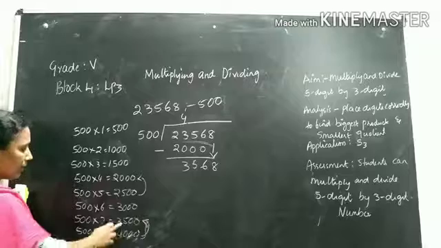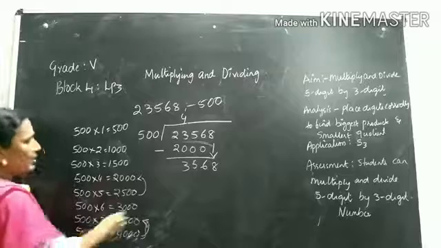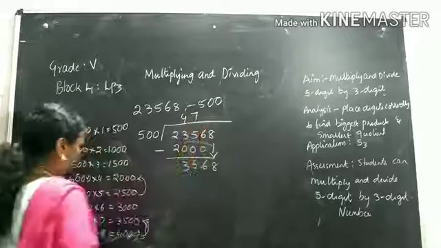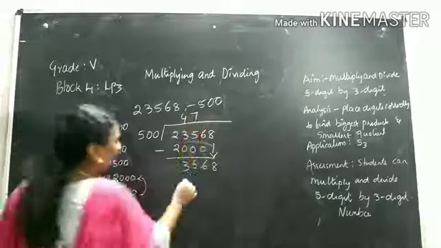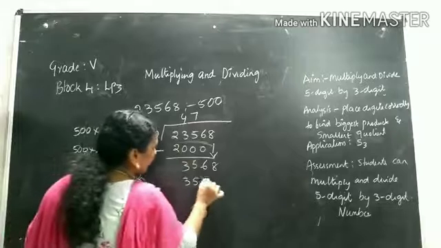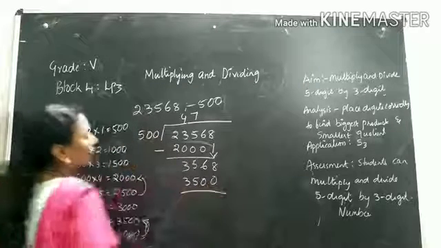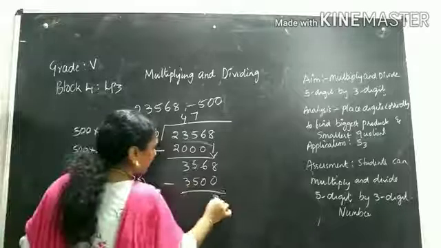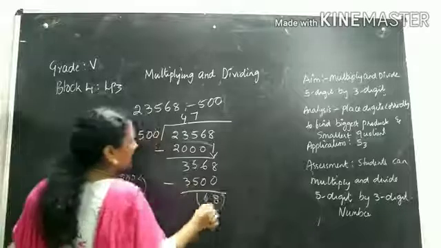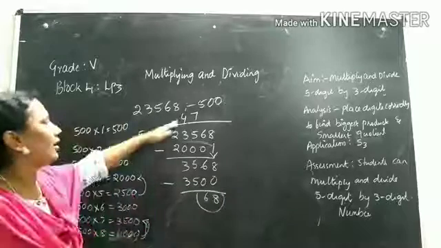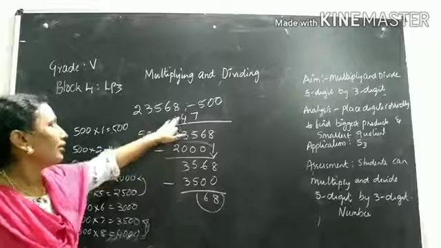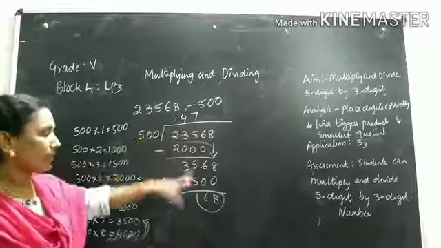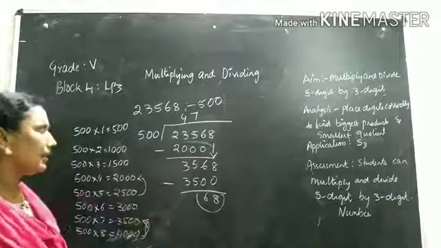What is that? 3500. 500 sevens are 3500. Okay. Now sum 8 and 6 and my remainder is 68. And now I got the answer 47. My quotient is 47 and remainder is 68.